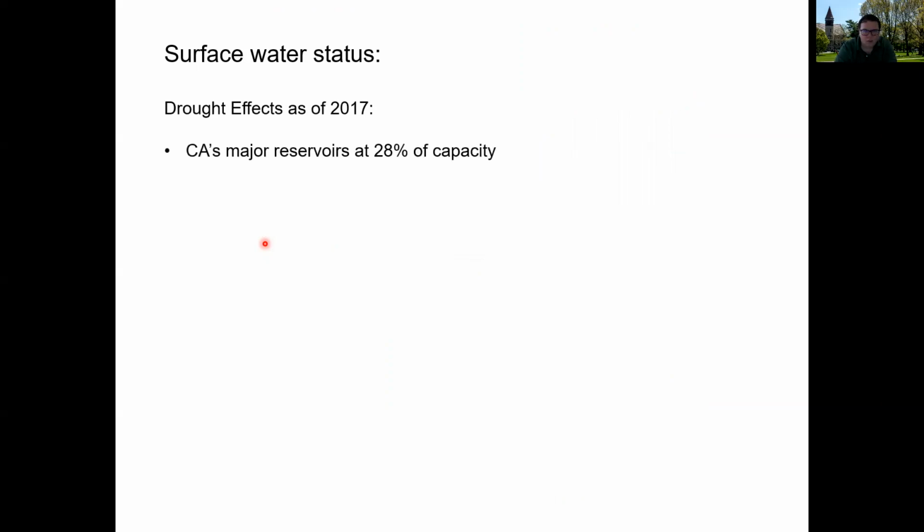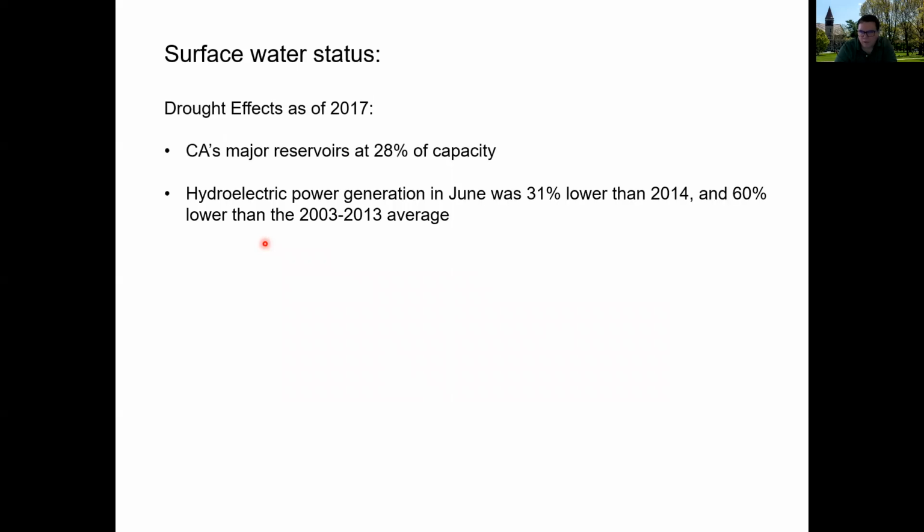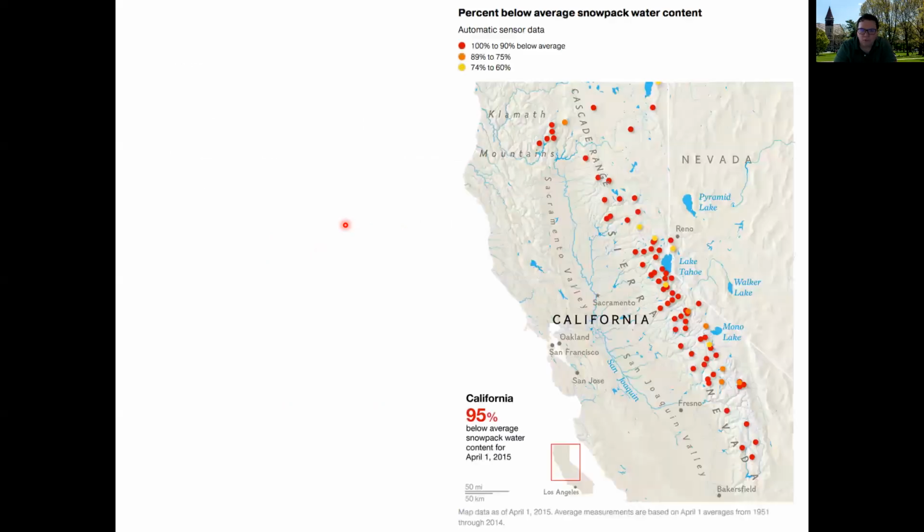The reservoirs in the state were at about 28% of the state's capacity. Things like hydroelectric power generation were 30% below the recent average and about 60% below the long-term average. And there were quite a few reasons why the reservoirs were so low. It's relatively complex. It wasn't just simply drought, but we'll go through this in order.